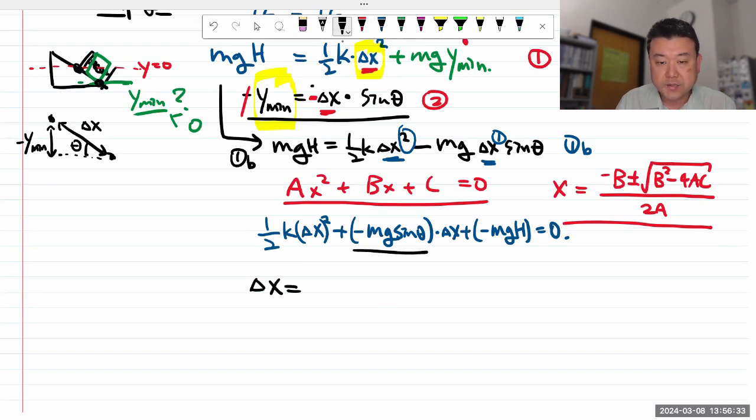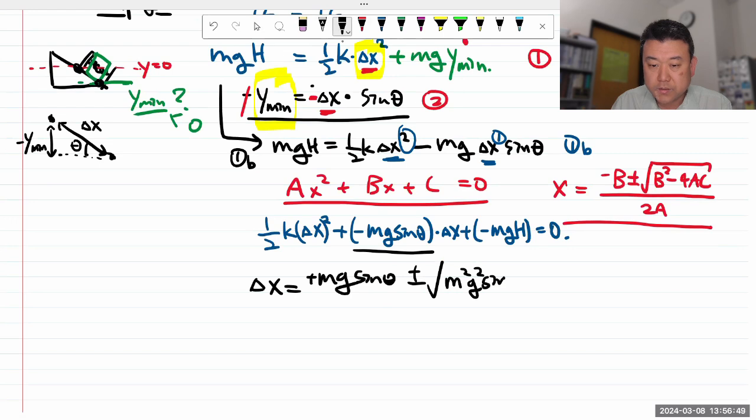So minus b, that sounds like a plus mg sine theta, plus or minus the square root of, I'm hoping one of the two answers will be nonsensical, b squared, so that'll be m squared g squared sine squared theta minus 4 times ac.